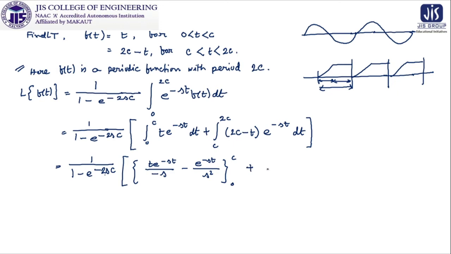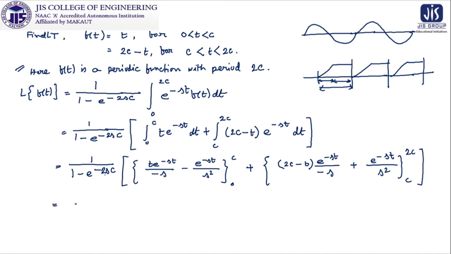Plus, again in the second part we are going to use integration by parts. So it will be 2c minus t into e to the power minus st by minus s, plus e to the power minus st by s square, from c to 2c. Finally the third bracket is closed.